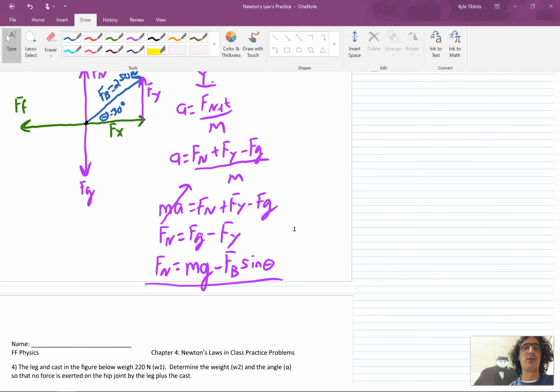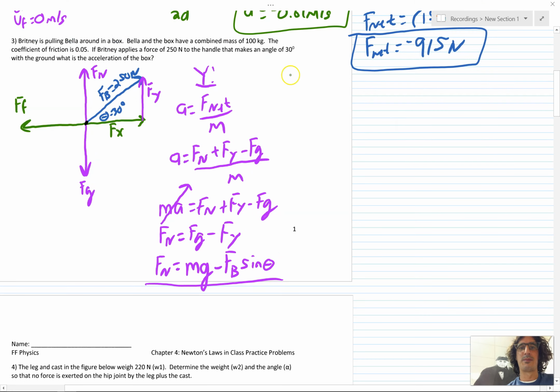And let's look at the forces in the x direction. We'll start off with the same thing. A equals F net over m. This time we're just going to look at the forces in the x direction. F of Brittany, in the x direction is to the right, minus the force of friction to the left, all over the mass of Bella and the box.